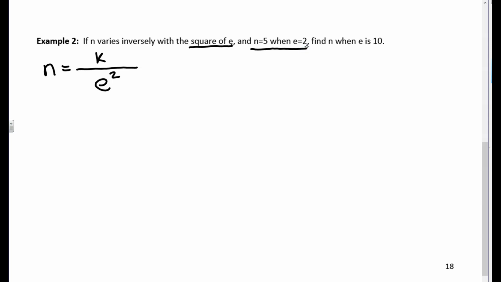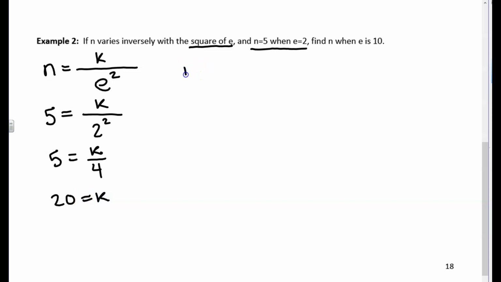N equals 5 when e is 2. So 5 equals k over 2 squared, or 5 equals k over 4. So 20 must be k. That means that your equation of variation is n equals 20 over e squared.